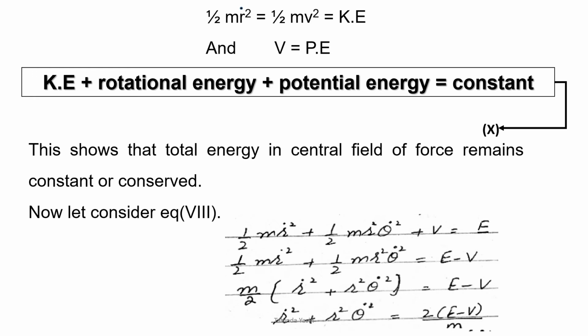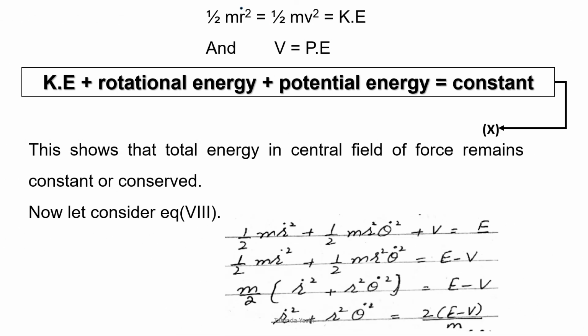So the equation is 1 over 2 m r dot square plus 1 over 2 m r square theta dot square. Taking the potential energy V to the right hand side, it changes into the negative sign. That gives E minus V on the right hand side.